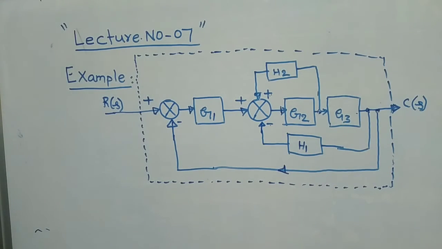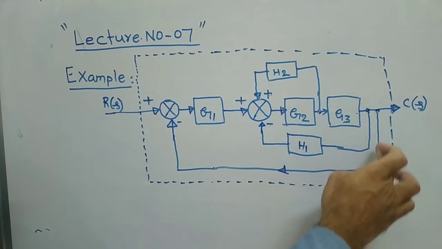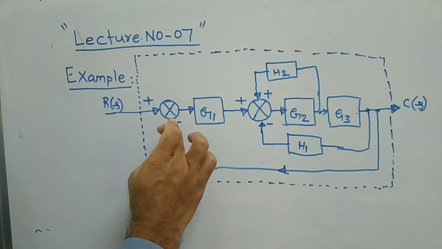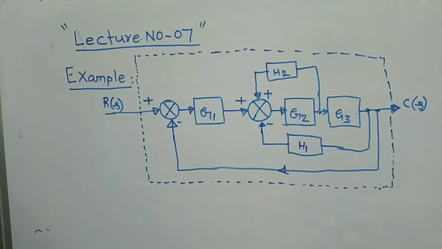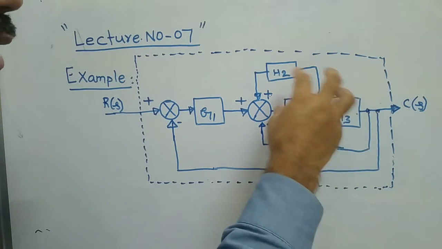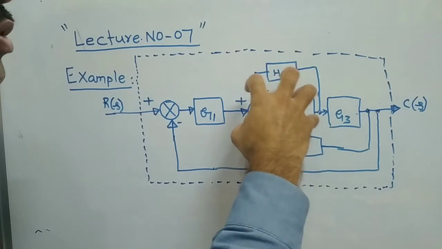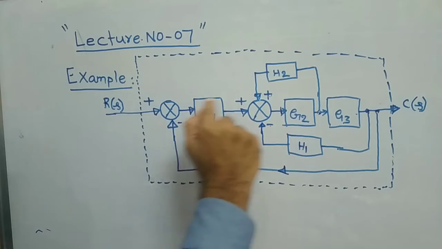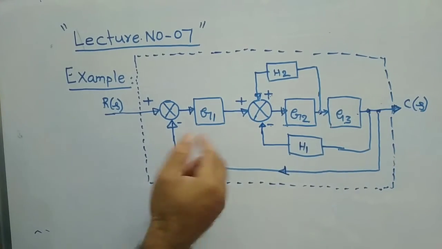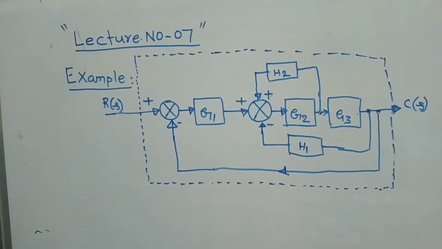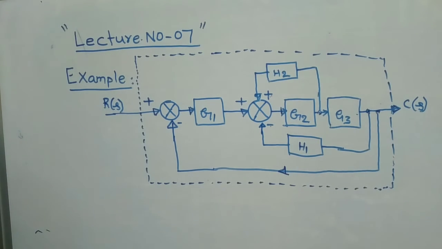Then directly you should not go for this bigger one. It makes the problem very complex, and that is not the way either. So first of all you have to simplify the internal loops, then the internal blocks will be simplified, and finally the external will remain. Then it is very easy to simplify and get the transfer function of any type of problem.